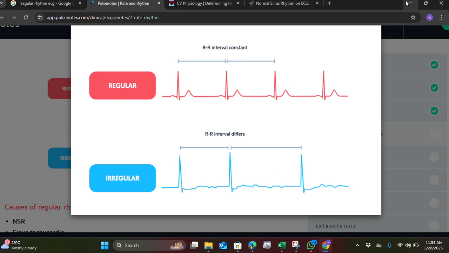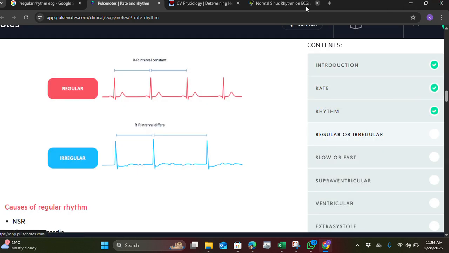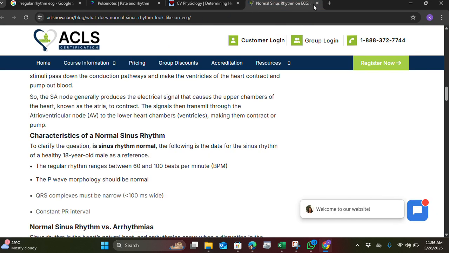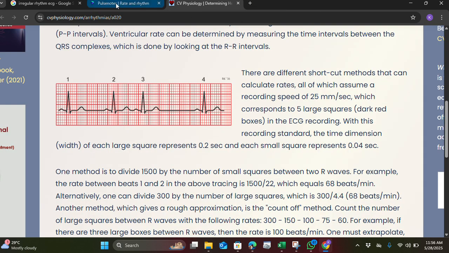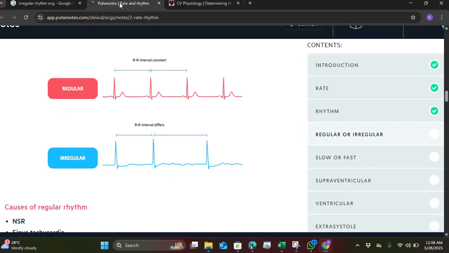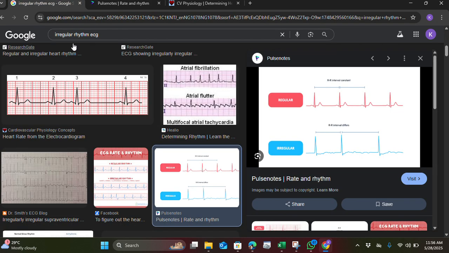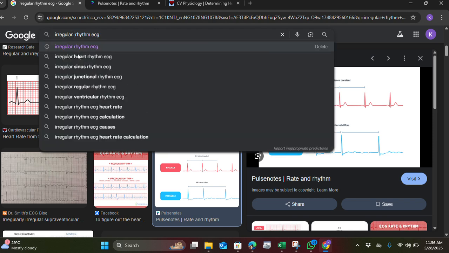Now let's look at regular irregular, as the name implies. Regular irregular means one criterion is regular and one criterion is irregular. Let me show you what I mean. Usually what happens is that the RR interval is going to be consistent while there are going to be multiple P waves.